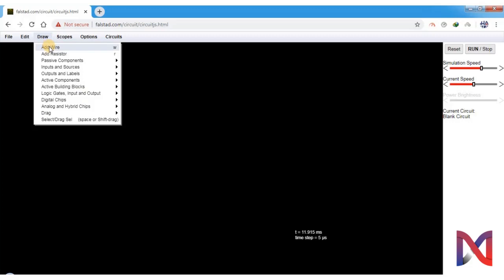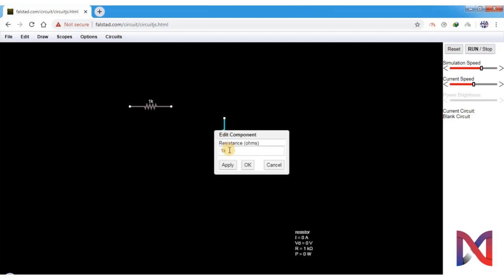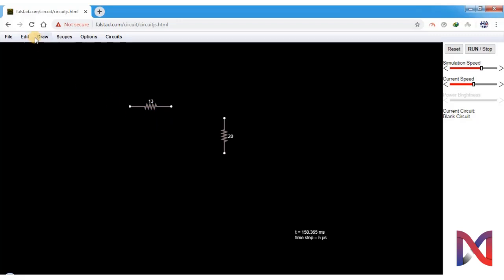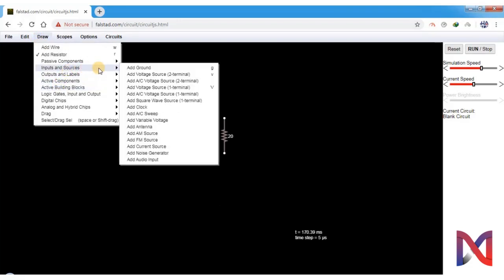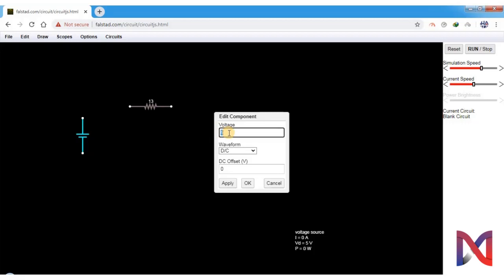So we will draw resistor. First we need to draw our Thevenin equivalent circuit. So for that we had our 20 ohms load resistance and 13 ohms of Thevenin resistance, and we had a voltage source of 66.66 volts.